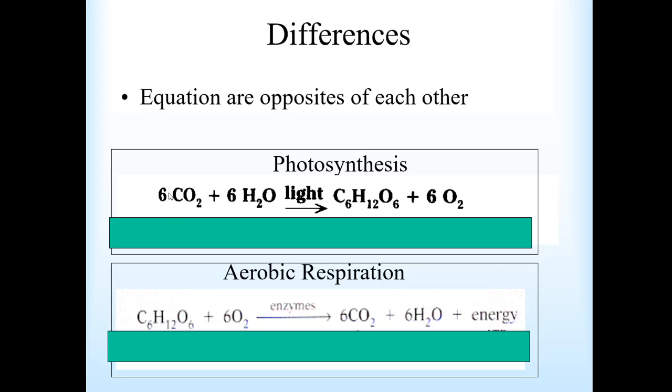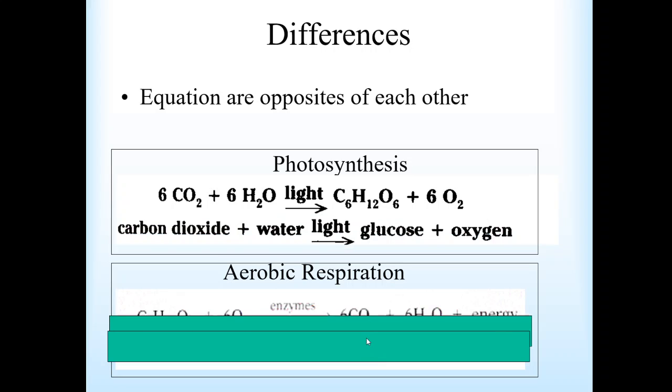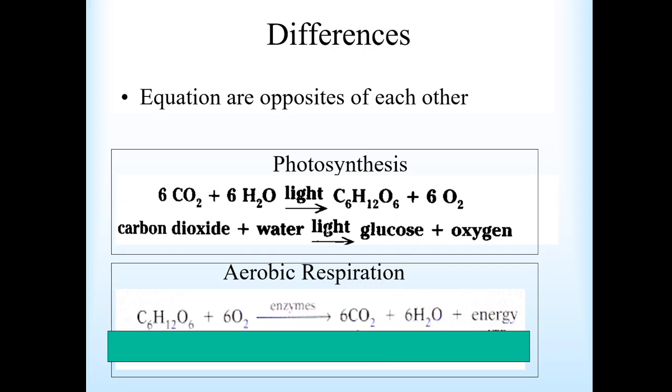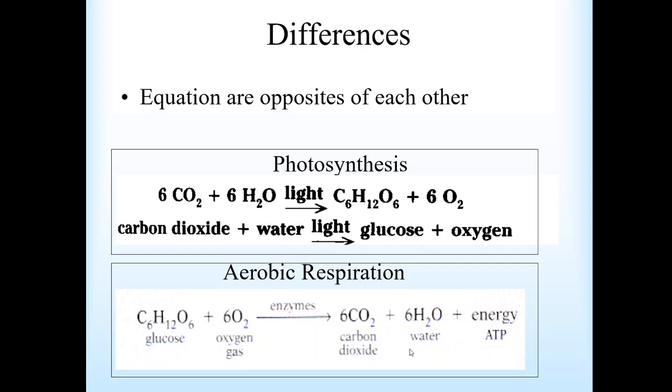So it's like a big circle. So light comes in, photosynthesis happens, makes its products, which then go to cellular respiration, goes through it. We make our products of respiration and send those right back up to photosynthesis. So that's how we got to the point where the autotrophs and the heterotrophs need each other to survive. Okay? So you can see carbon dioxide plus water and glucose plus oxygen. So you can see how they're opposites of each other.